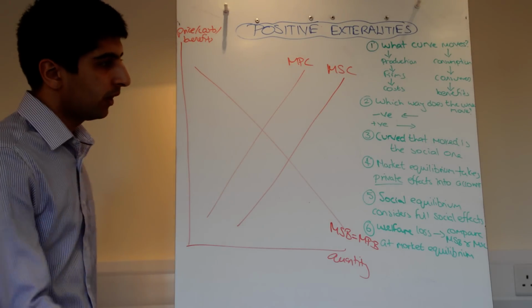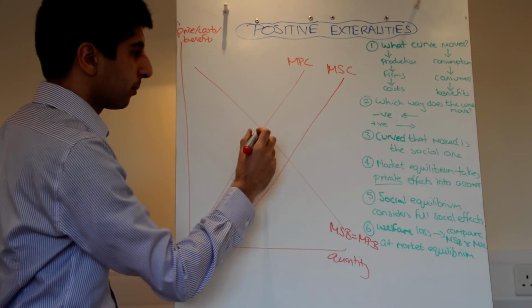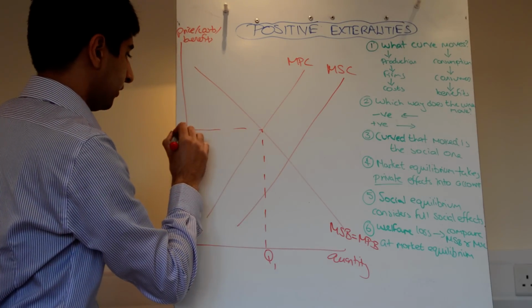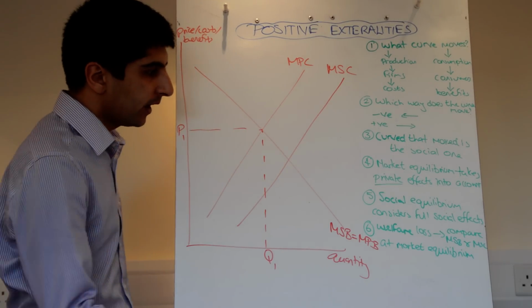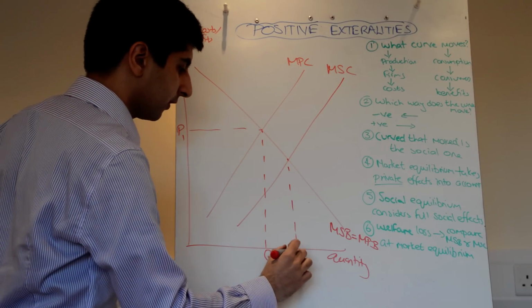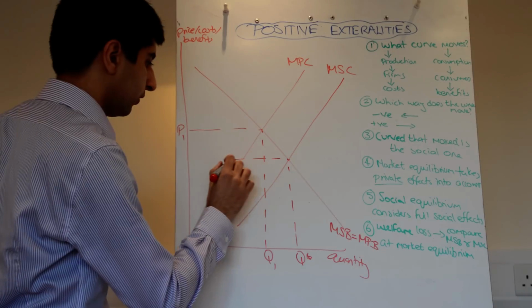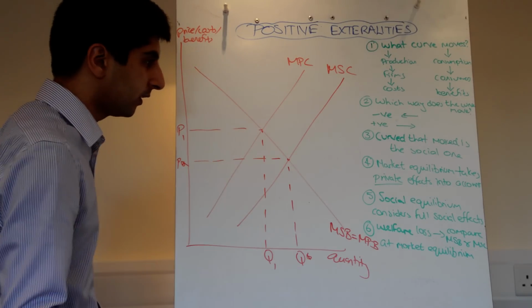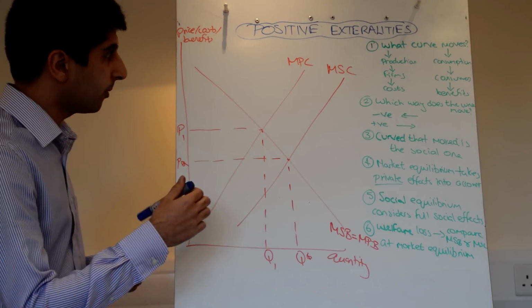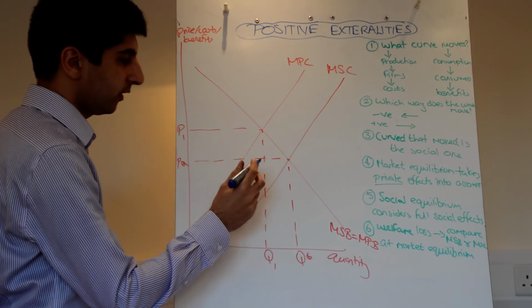Market equilibrium only considers the private effects, so that takes us to Q1 and to P1. The social equilibrium or the social optimum takes into account the full social effects, and that takes us to Q star and to P star. To work out the welfare loss, you go to the market equilibrium and you compare the social benefits and the social costs.